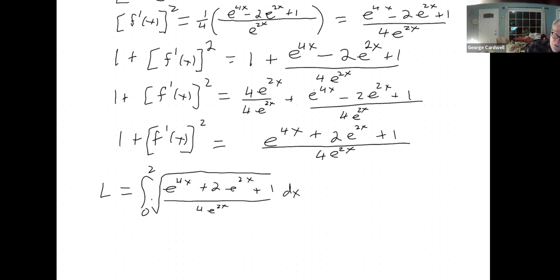It looks nasty, but just like before, these are both perfect squares. So what you're going to have is the integral of 0 to 2.